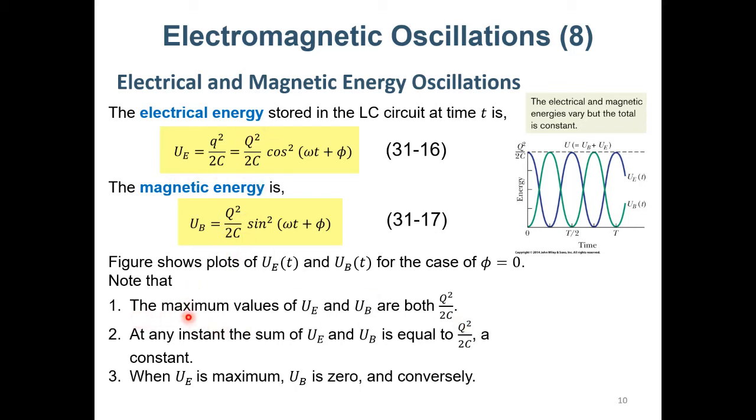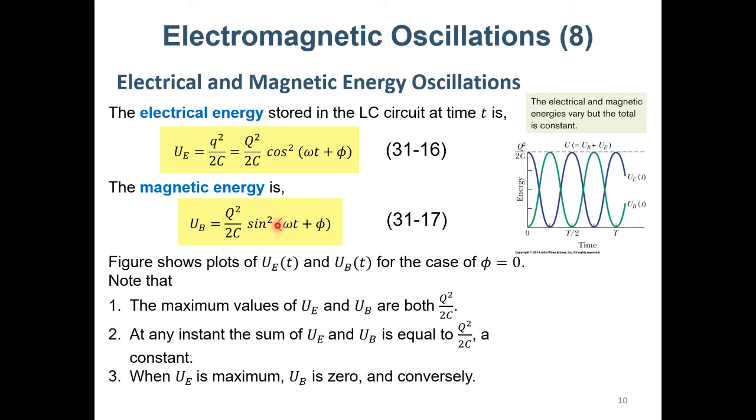So it tells you that the maximum values of QE and QB are both Q squared over 2C, because the maximum value of cosine squared and sine squared is 1, because cosine and sine are functions between -1 and 1.